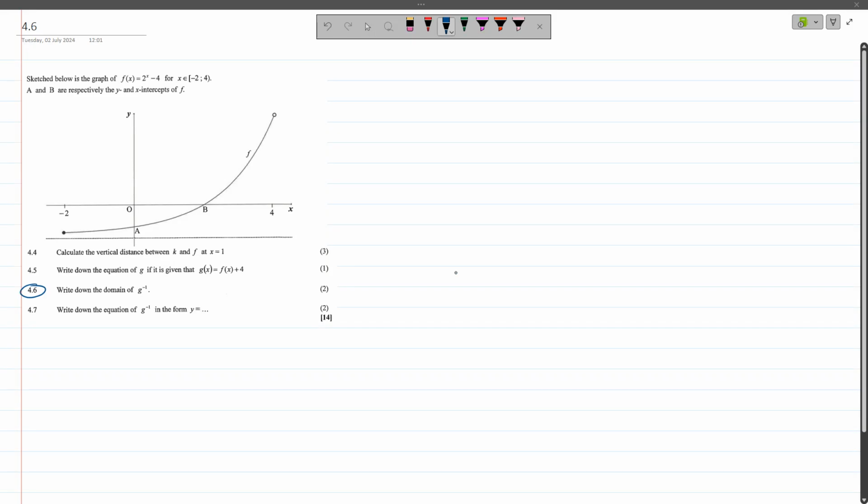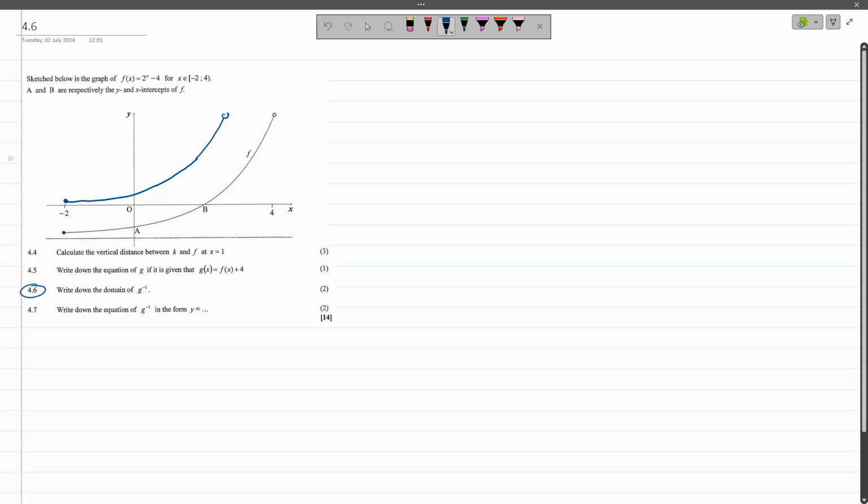Question 4.6 says write down the domain of the inverse of G. So the inverse of G will be such that we first need to actually visualize what G would look like. So if it starts over here, that would be the same over here, then it goes, see, something like this.